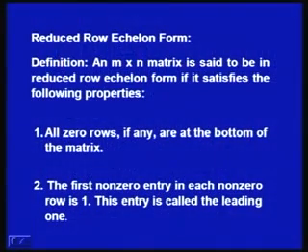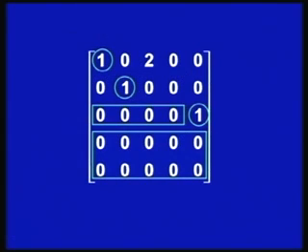The second property is that the first non-zero entry in each non-zero row is 1, and this entry is called the leading one. For example, I have this matrix consisting of 5 rows and 5 columns. There are 2 zero rows, the 4th row and 5th row, and they are at the bottom of the matrix. So, this might be a candidate for row reduced form. This is according to the first property.